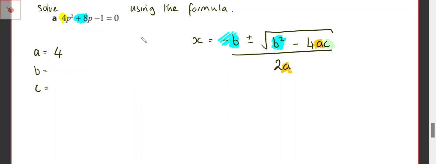And C is the number and sign at the end. So in this case, A is positive 4, B is positive 8, and C is negative 1.